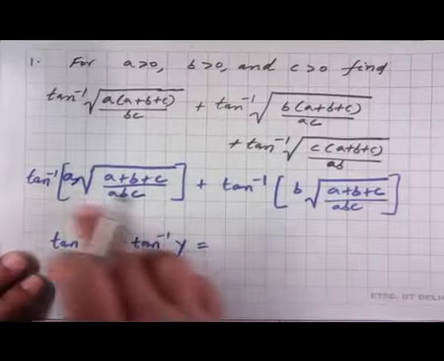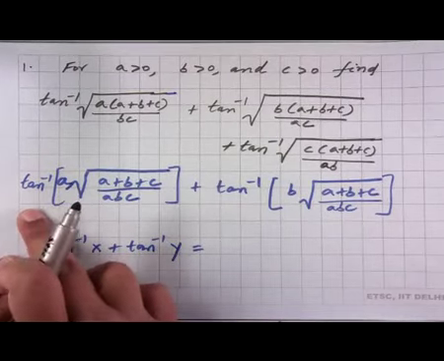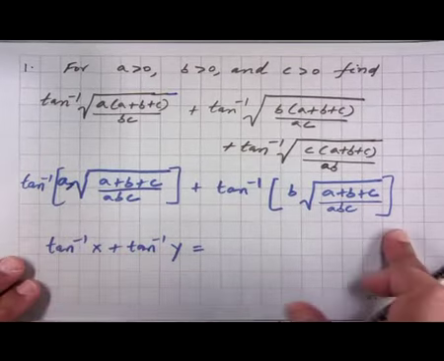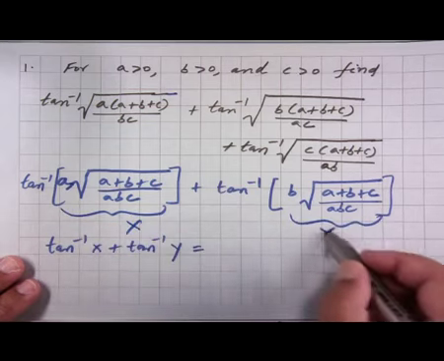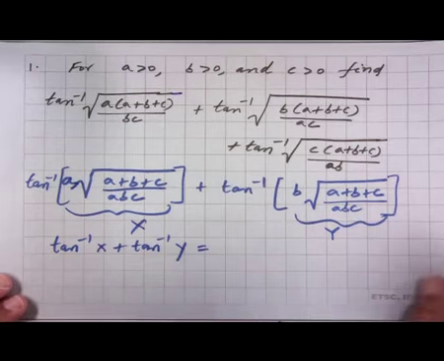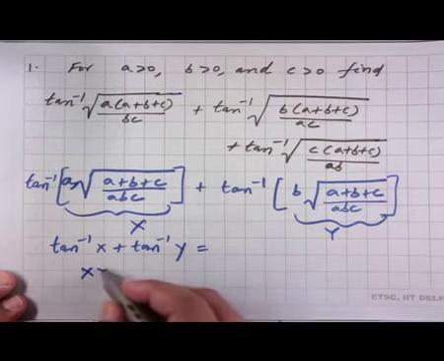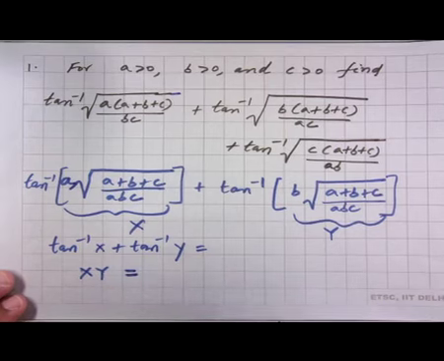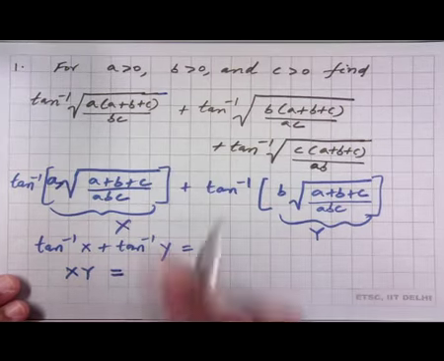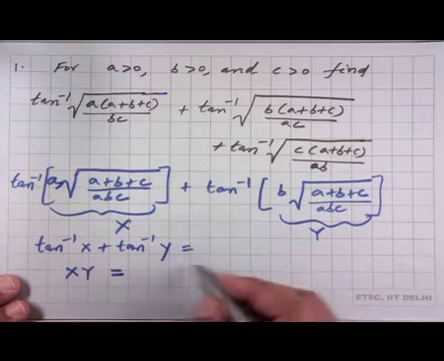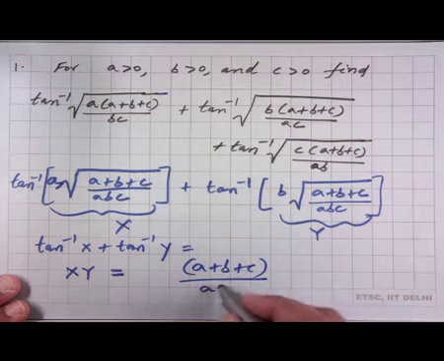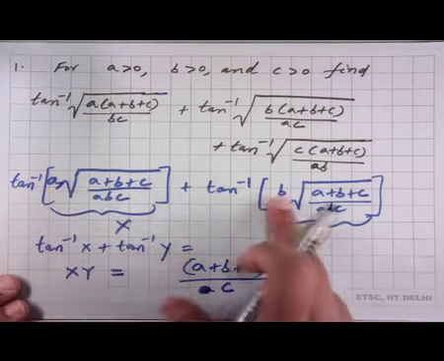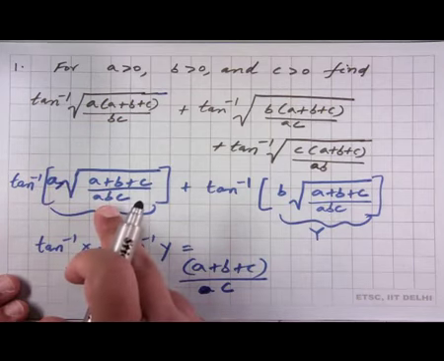In our case, we would like to evaluate this expression. Let's say this is x and this is y, and then we first look at the product of x and y. The product of x and y is a plus b plus c over c, because we will get a times b, and then in the denominator we have abc.